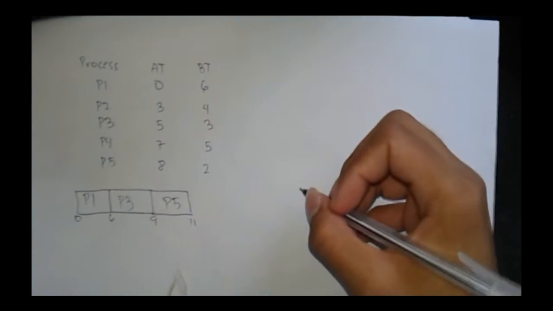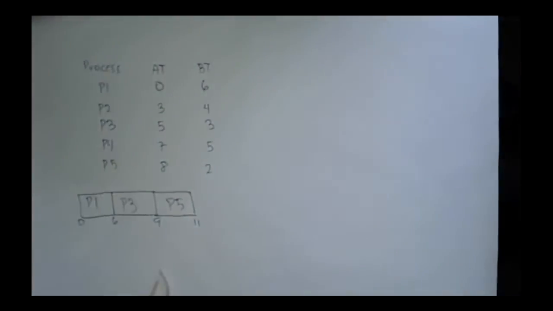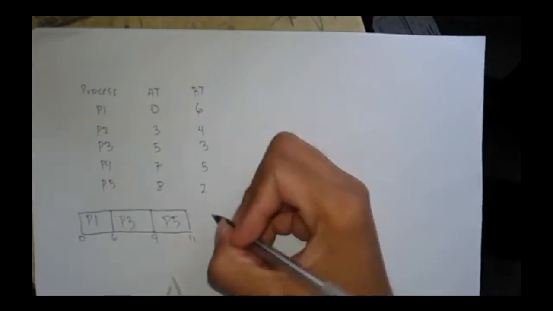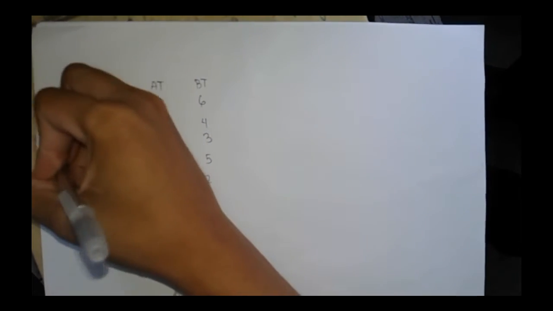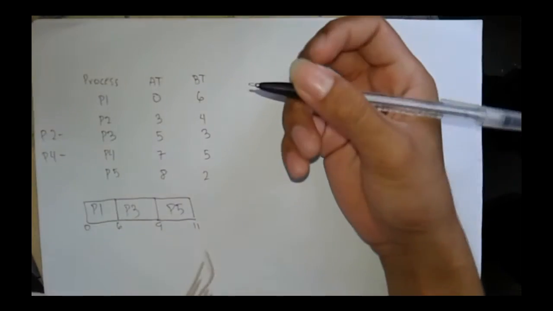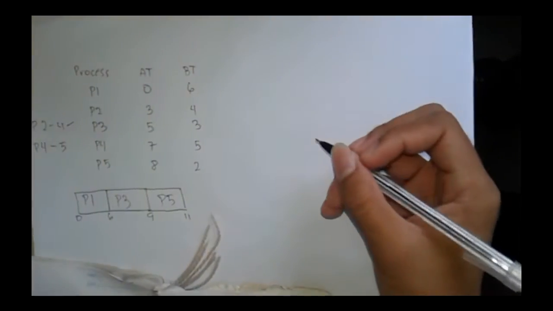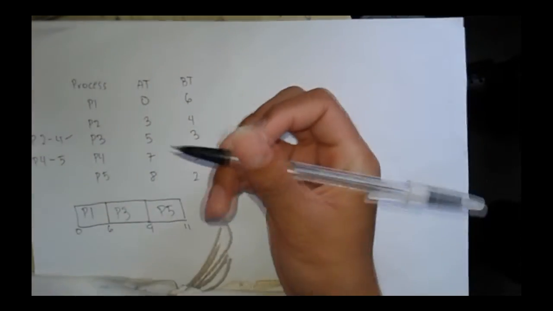And then next, we have 2 processes in the ready queue, P2 and P4, and their burst times are 4 and 5. So P2 has the lowest burst time value, so we execute P2.